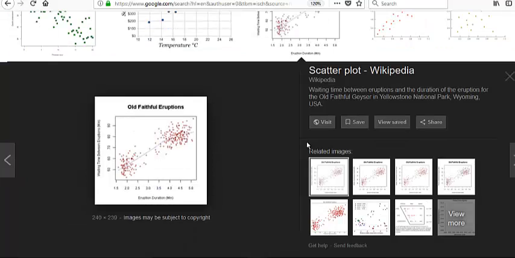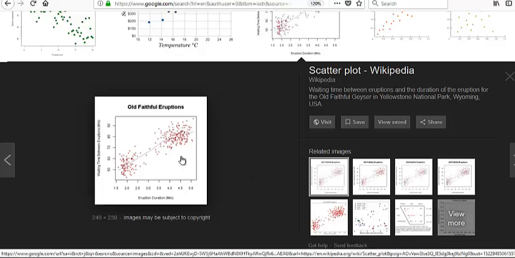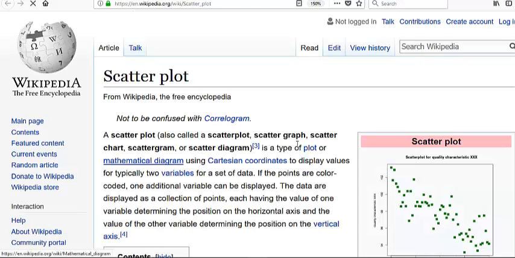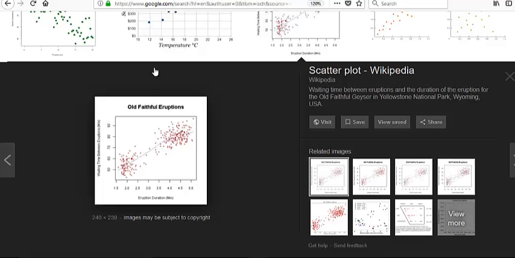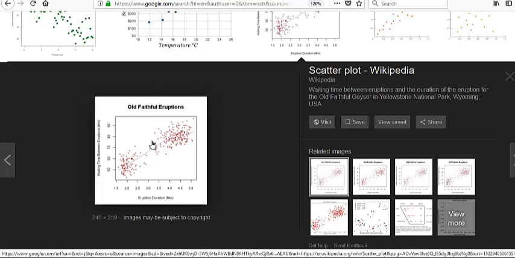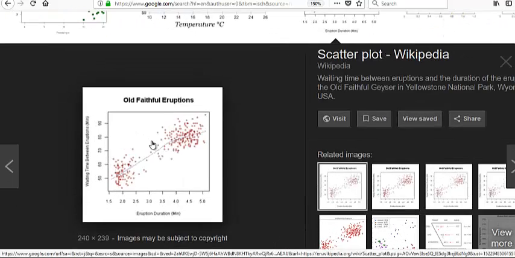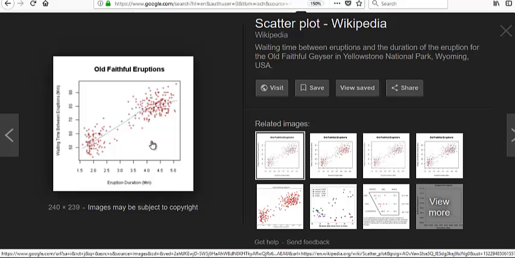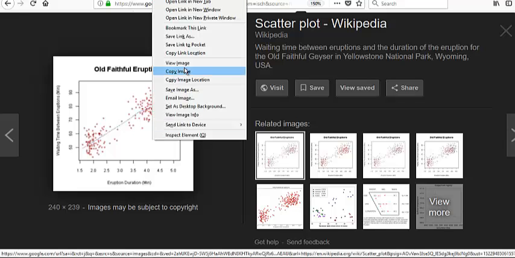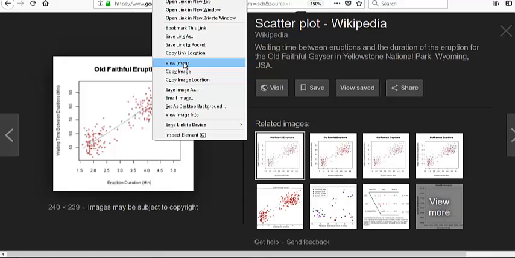Let's see what this one is. So this is something to do with eruption times. Oh, these are just examples of scatter plots. Okay. I was trying to see what that was. Oh, right click it. Well, then what? Just open it. View image.